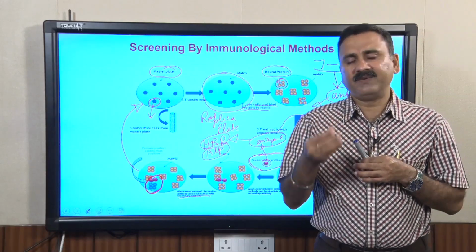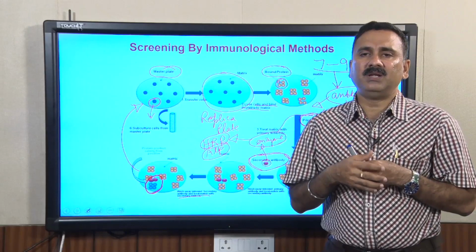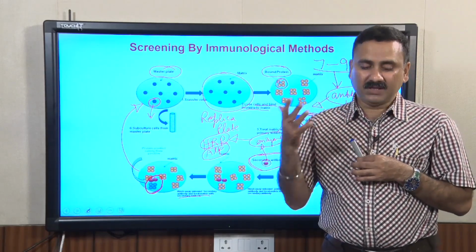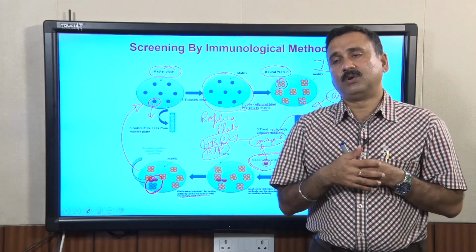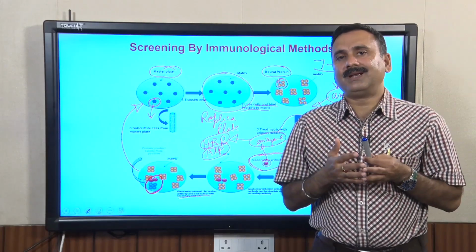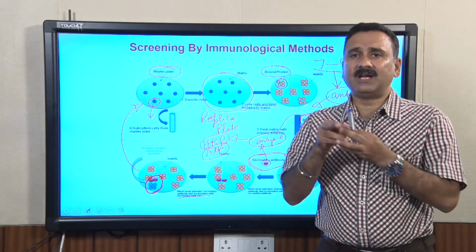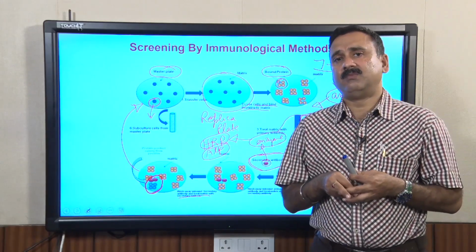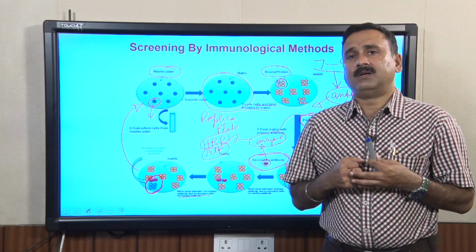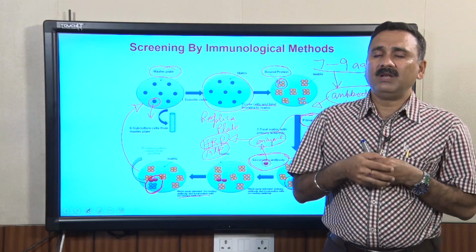As a rough estimate, every primary antibody is bound by 3 secondary antibodies. So if you calculate, the signal gets amplified several fold, because the enzyme is attached to all those 3 secondary antibodies, and it will give you a very large signal compared to using only the primary antibody.